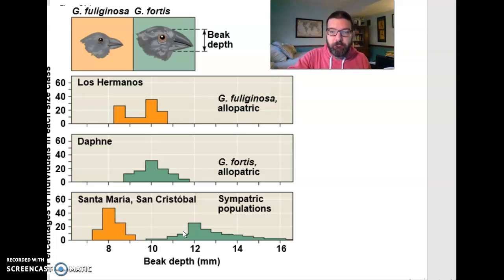And so instead of having these jack-of-all-trades beaks, Fortis has to eat bigger stuff, and Phlegonosa has to eat smaller stuff. And so over time, natural selection has pushed them to have deeper and shallower beaks. So this is character displacement, which is a result of resource partitioning.